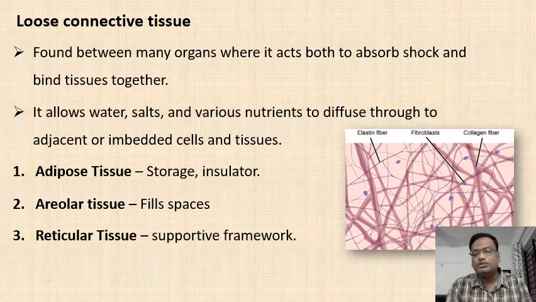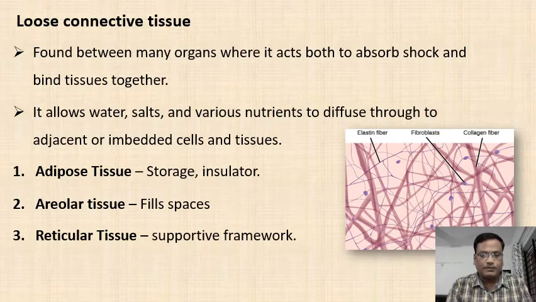Whenever we consume lipid and other things in excess, it is stored in the adipose tissue. Not only a fatty diet, even if we consume more carbohydrates, the extra carbohydrate is converted into fat by the liver, and that fat is again stored in the adipose tissue.